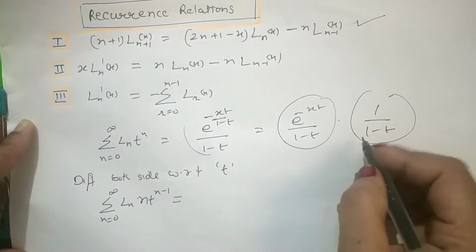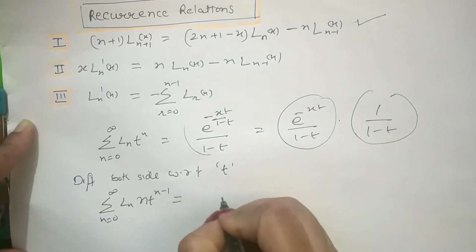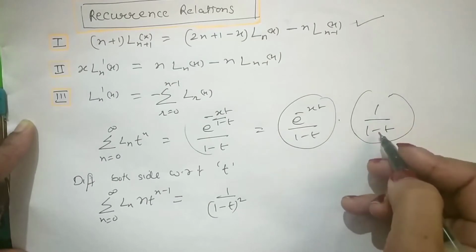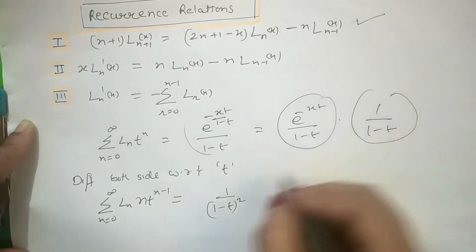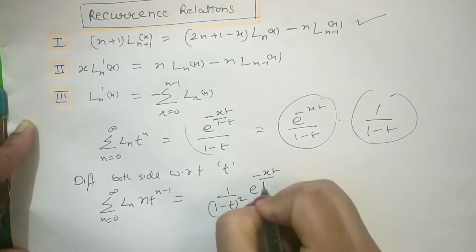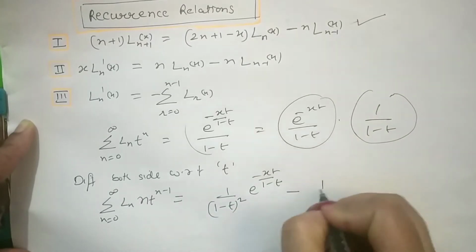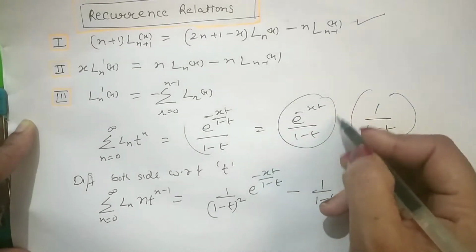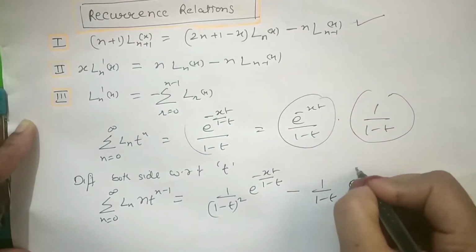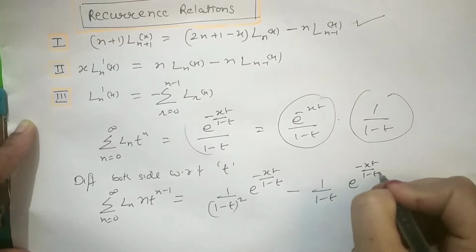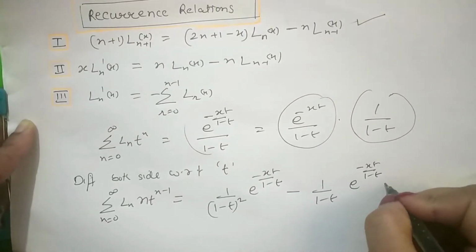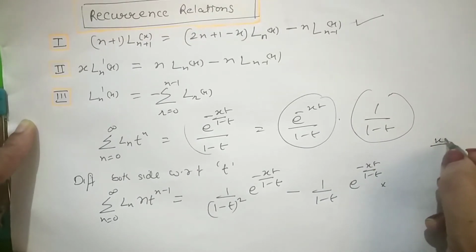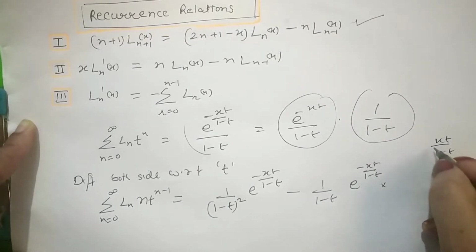So first of all, we take the derivative of this function, which is 1 upon 1 minus t whole square. Derivative of this is the 1 upon v type of formula. Then e raised to power minus xt upon 1 minus t as it is. Now we keep this function 1 minus t as it is, and the derivative of this will be e raised to power minus xt upon 1 minus t into the derivative of xt upon 1 minus t.